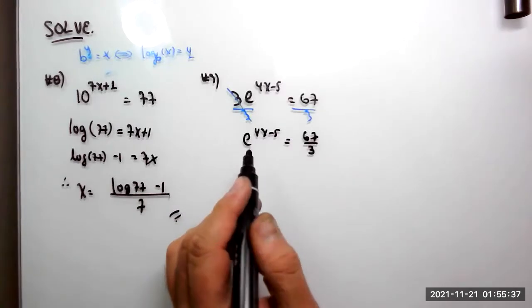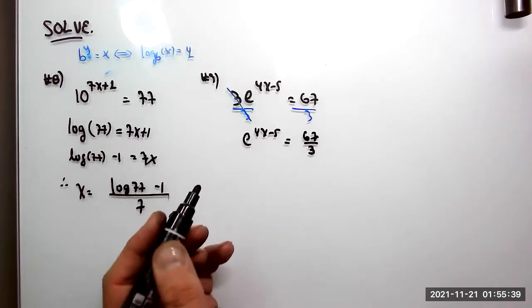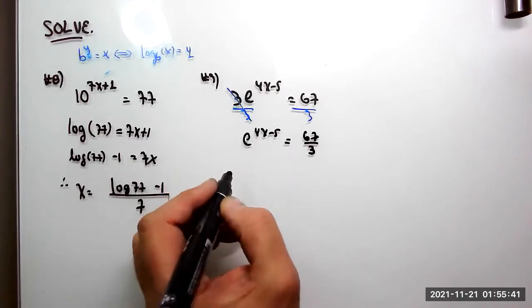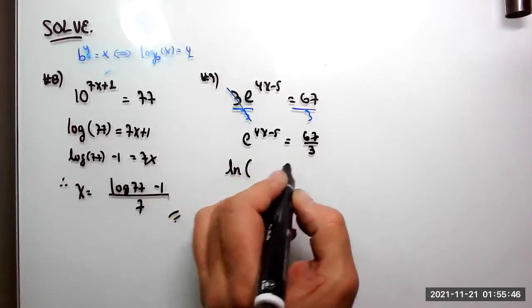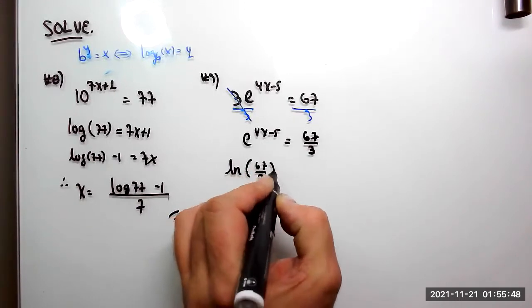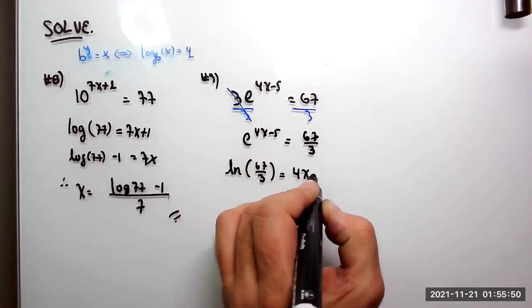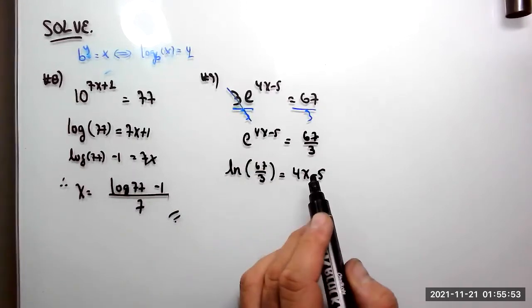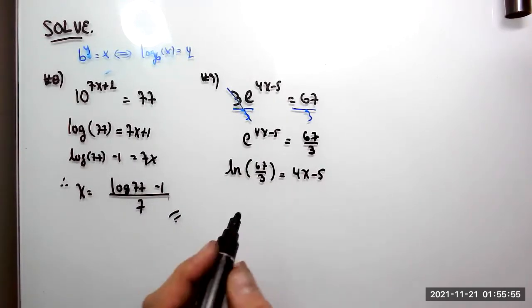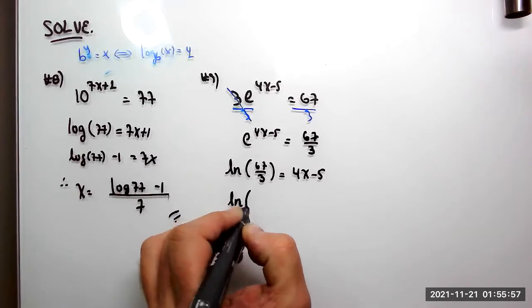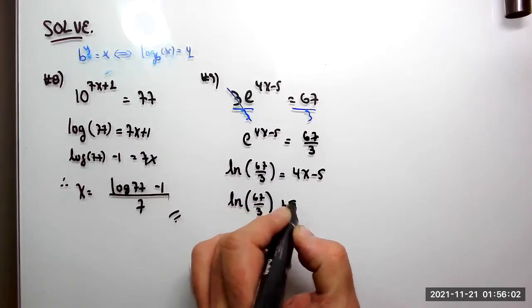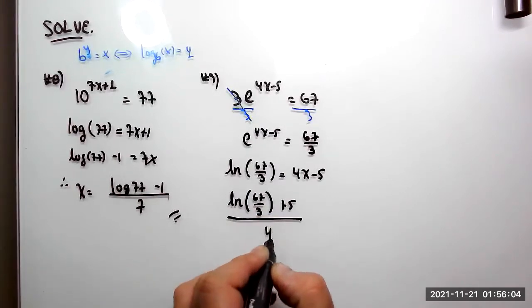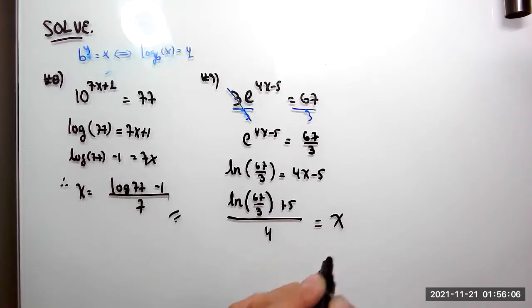Now we can change to the equivalent logarithmic equation, which is log base e, or ln, of 67 over 3 equals the exponent 4x minus 5. So for x, we must add 5, divided by 4. So we have ln of 67 over 3 plus 5, over 4, equals x. We are done.